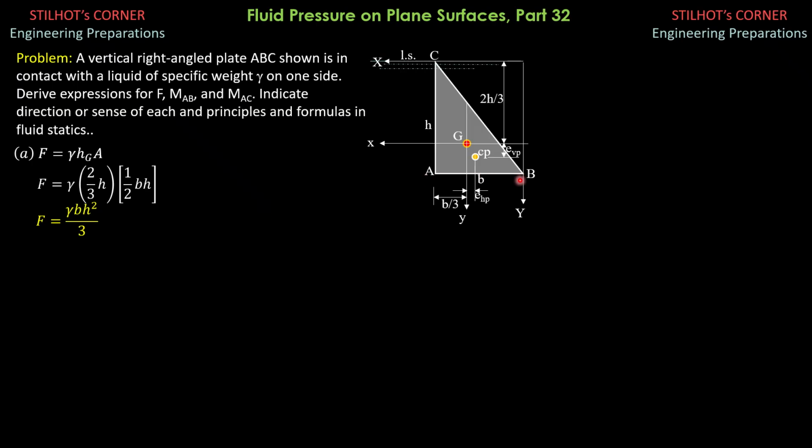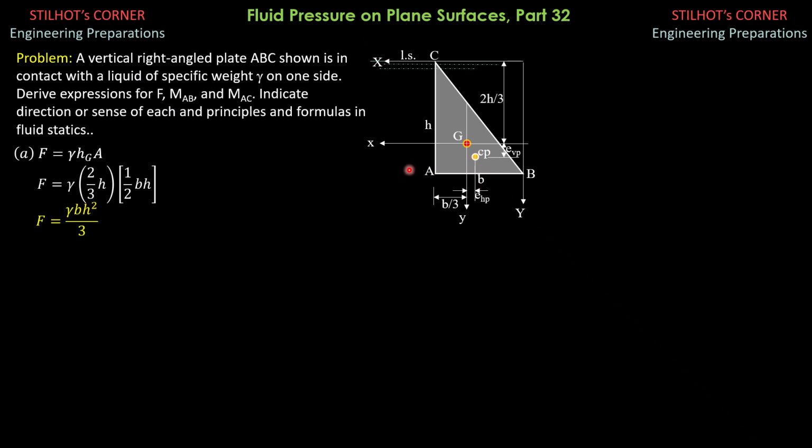Next, for the moment about AB, since F is pointing backwards, then when we curl it about this axis here, our right thumb will be directed in that direction as we curl our four fingers about AB.